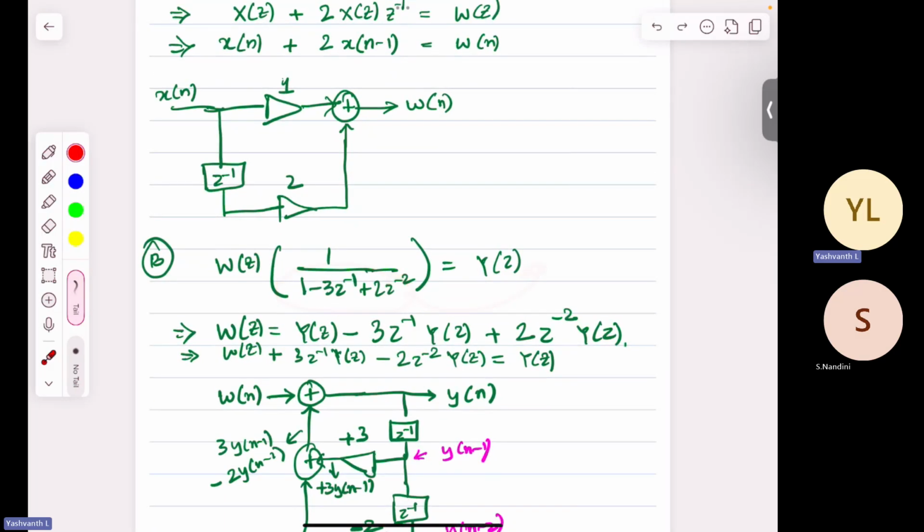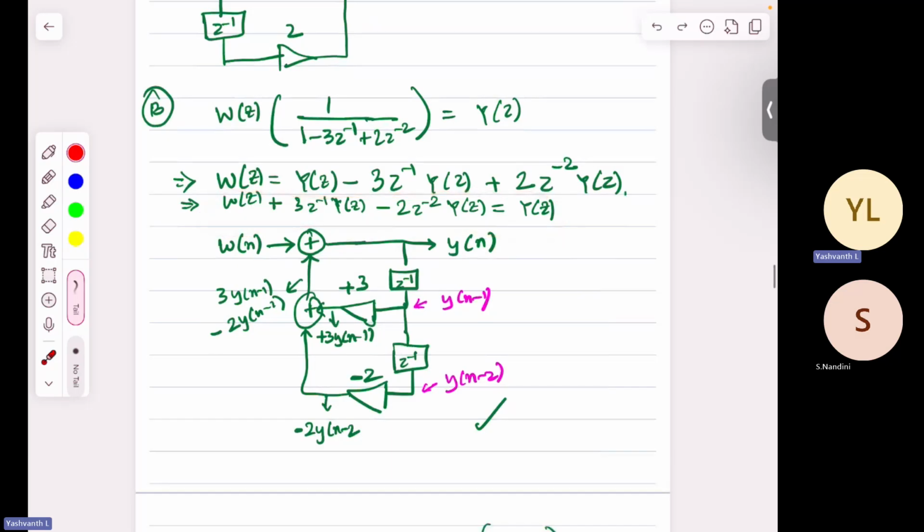So what you get is w of z is equal to y of z minus 3 times z inverse y of z plus 2 times z power minus 2 y of z. Or bring this second and third term to the left. That is w of z plus 3 times z inverse y of z minus 2 times z power minus 2 y of z equals y of z. So you need to implement this equation.